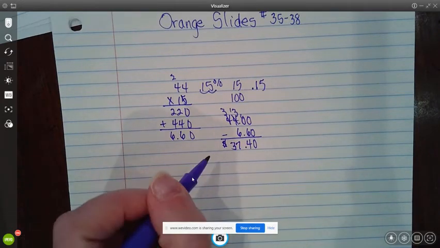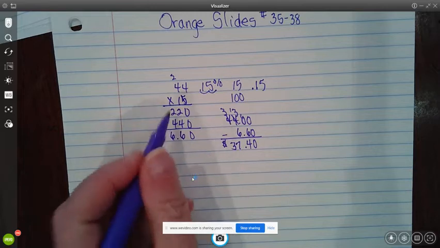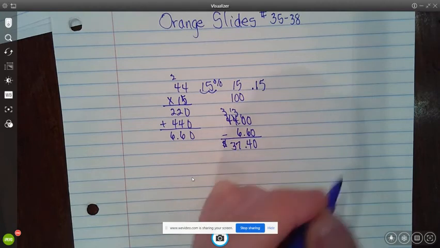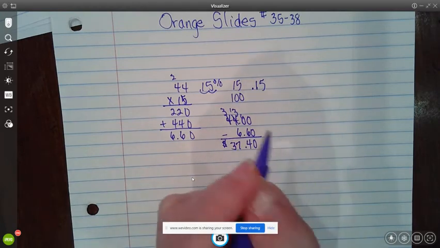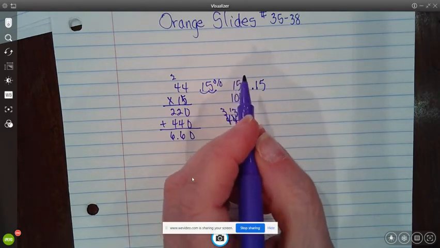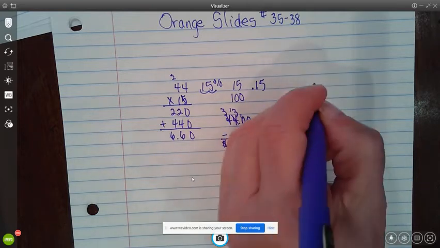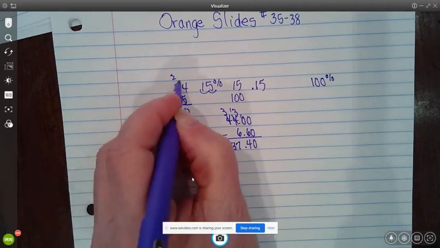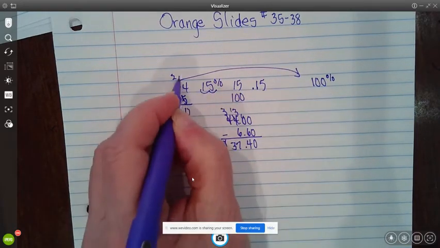Now I want to take a minute and talk about this because I want you to see another way to do this. Well, this is fine, and if this is good for you, do it this way. But sometimes when I go shopping, I don't always take 15% off. I multiply it times what I'm paying. So let's think about that. The 100% of cost on this item is the $44.